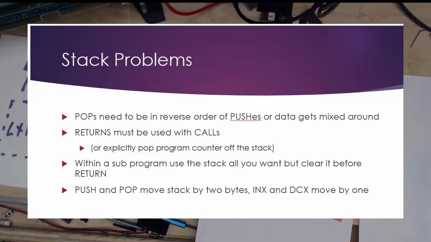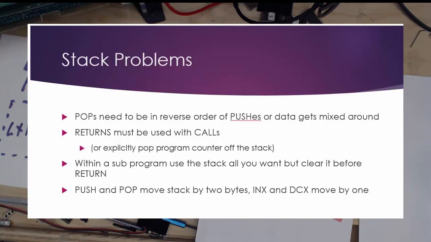So what are the problems? Well, the pops have to be in the reverse order of the pushes, or the data gets mixed around. We already talked about that. Returns have to be used with calls, or you explicitly have to pop a value off the stack. So if you call a routine, you have to return from that routine. You can't jump back from that routine.